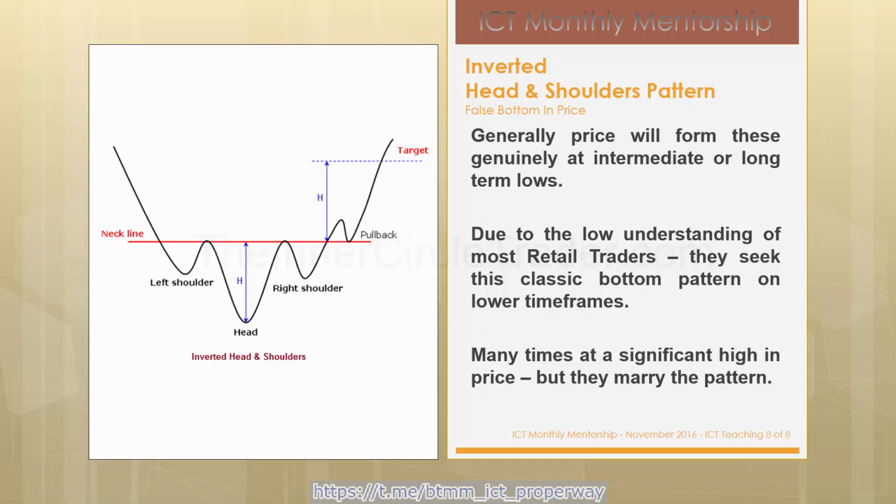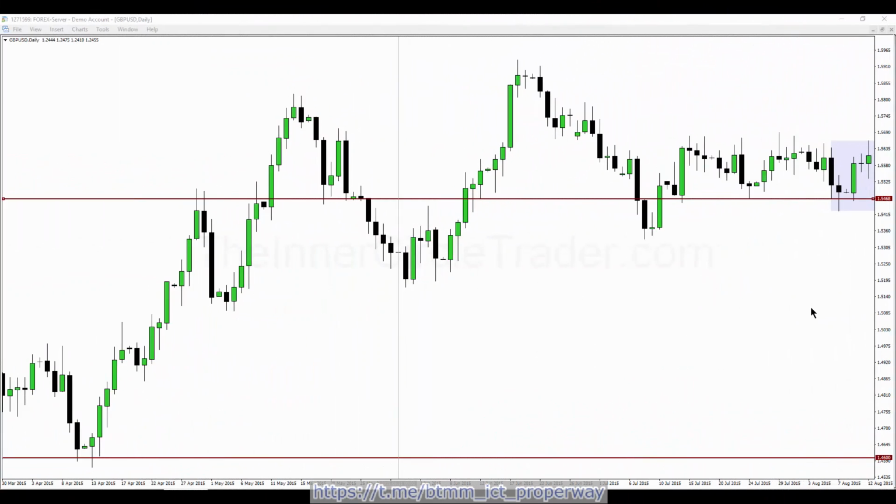But let's take a look at a couple of chart examples, and you can see what this pattern looks like in price. Okay, folks, we're looking at a daily chart of the British Pound USD, or cable. And I want you to take a look at this down candle right before the up move. We've consolidated for a while. Price came down and hit that same order block right here.